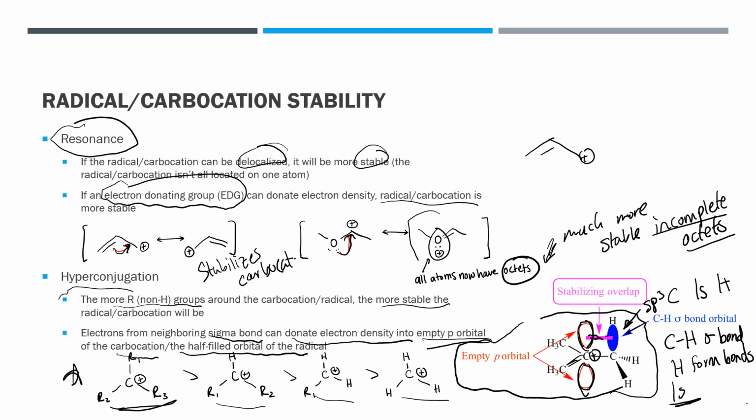Okay, and the last thing I want to say, as a general summary, is that radicals and carbocations do not have full octets. They lack full octets.